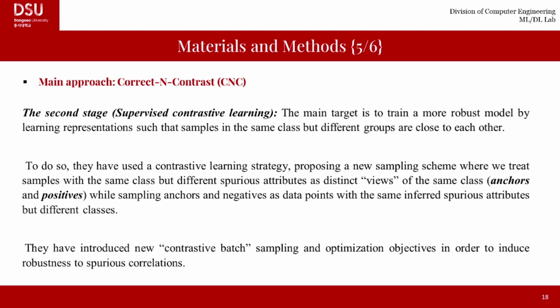They use a contrastive learning strategy and propose a new sampling scheme where we choose samples with the same class but different spurious attribute, which is the same-class view. So, anchors and positives are sampled with the same class but different spurious attribute, while anchors and negative data points are sampled with the same inferred spurious attribute but different class. So they have introduced the new contrastive-based sampling and optimization objective in order to be robust to the spurious correlation.